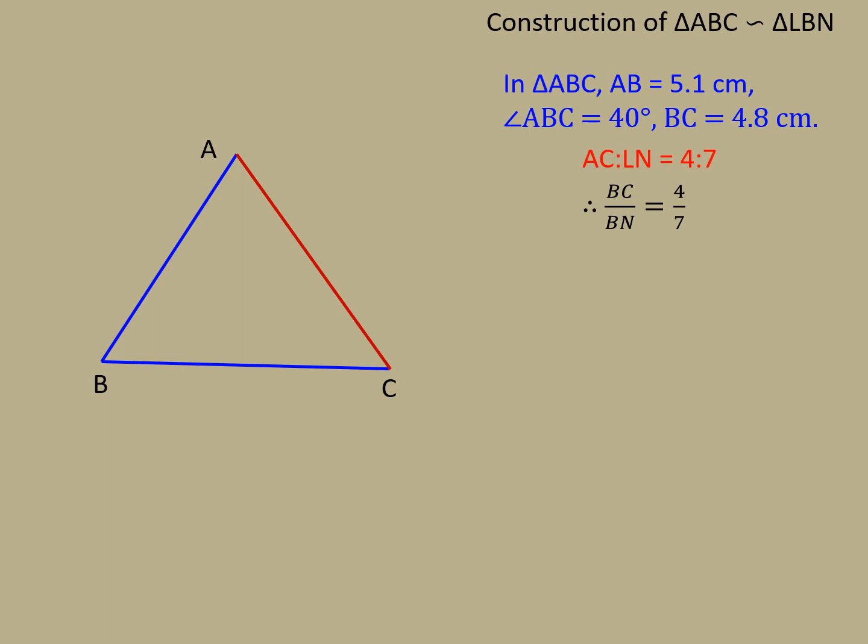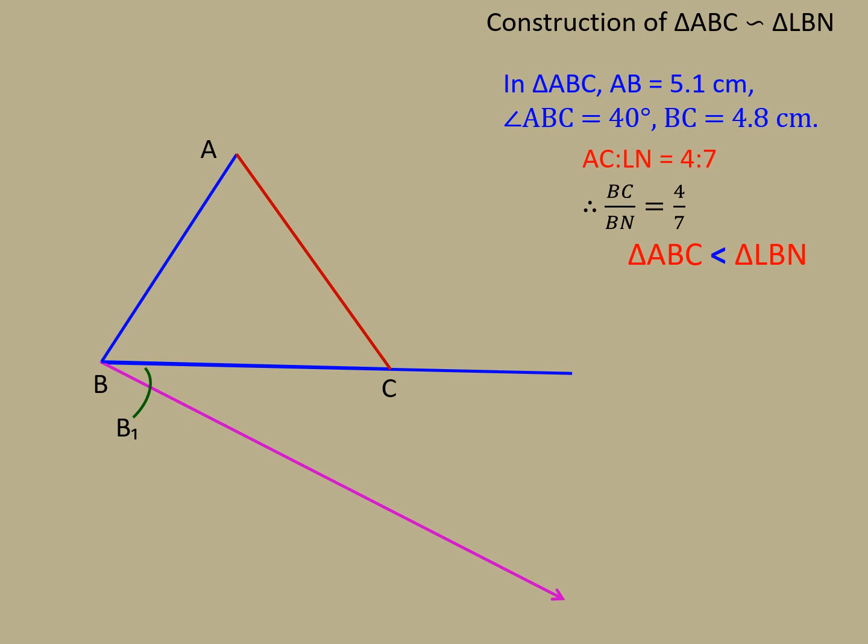That means we need to find BN. BC is given to us, so for that purpose we have to divide BC in 4 equal parts, and as you know, triangle ABC is smaller than LBN. So we will extend BC till N and we will try to get 7 points.